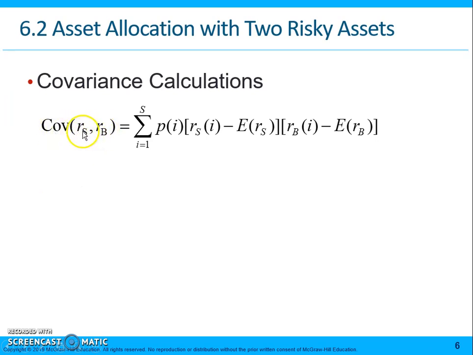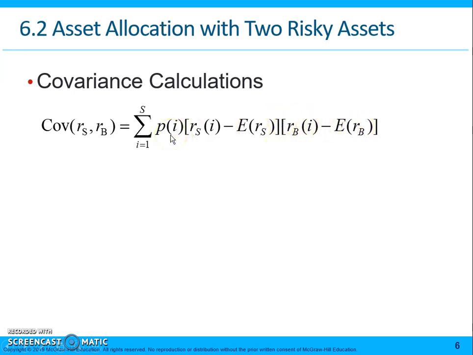The covariance of the expected return on stocks and the expected return on bonds is simply equal to the summation, over all outcomes, of the probability multiplied by the deviation of each individual return from its calculated expected return.